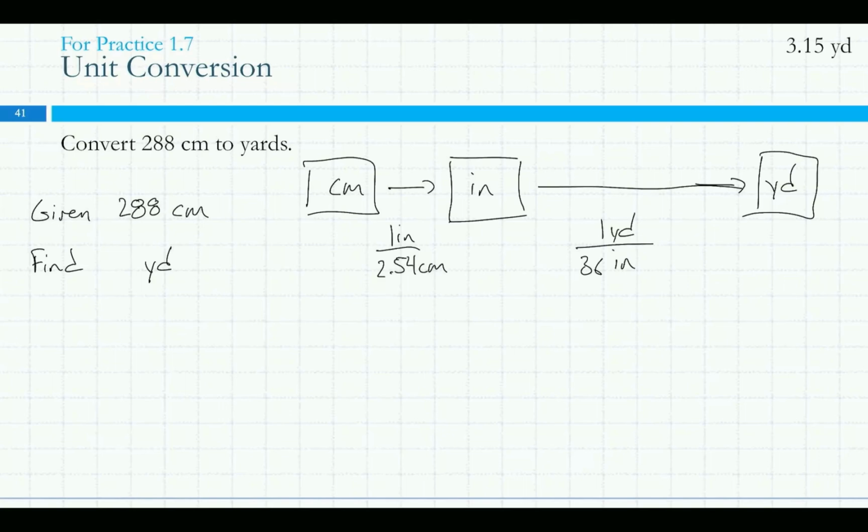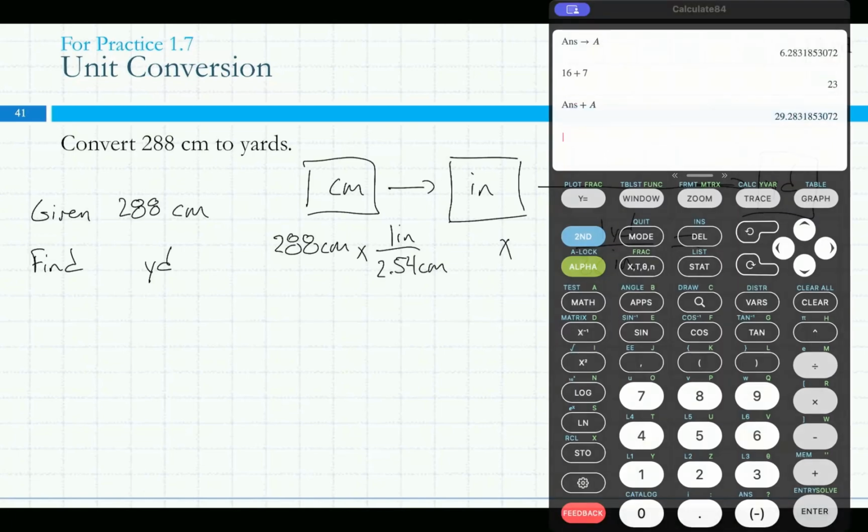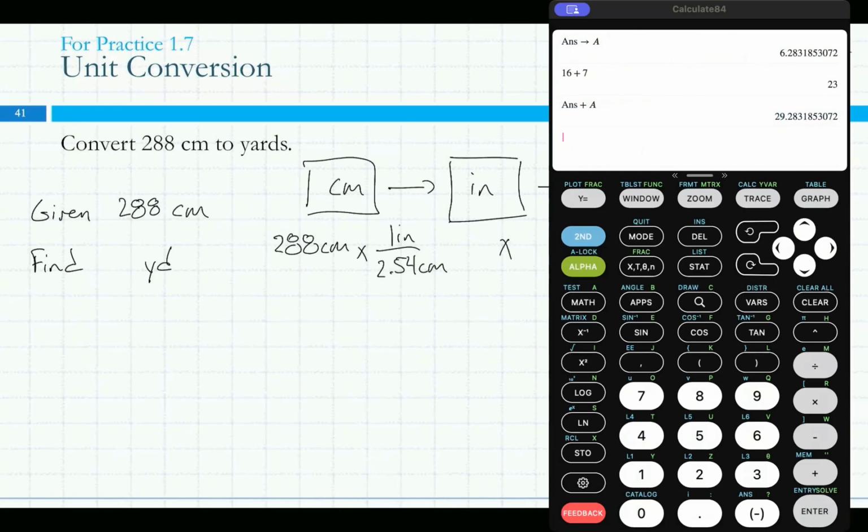So when we're setting this up, now I've got my conversion factors written in. I can add my 288 centimeters, that's my starting point up here. And I'll say this a lot too: you multiply across the top. If they're ones, you can ignore them, and then divide by everything on the bottom. I'll show you with the calculator on screen. 288.